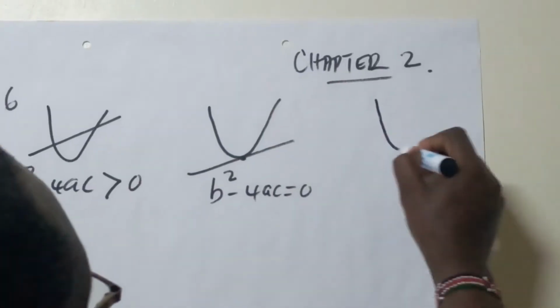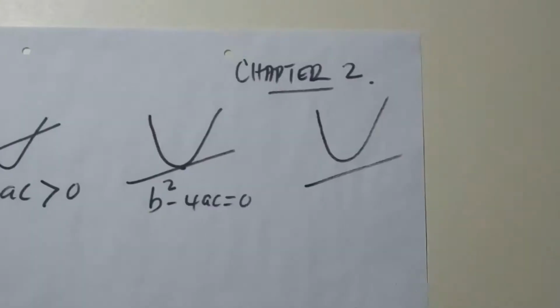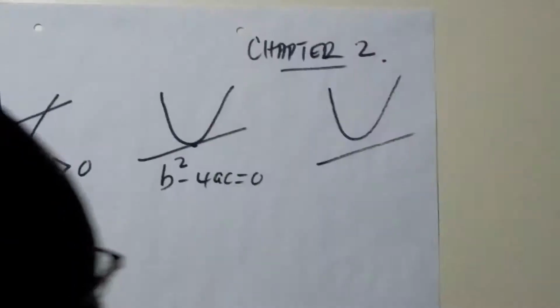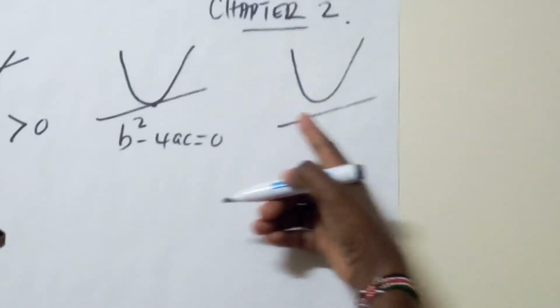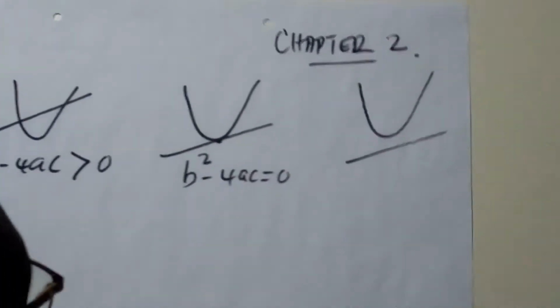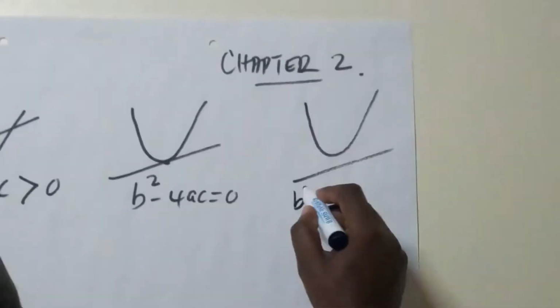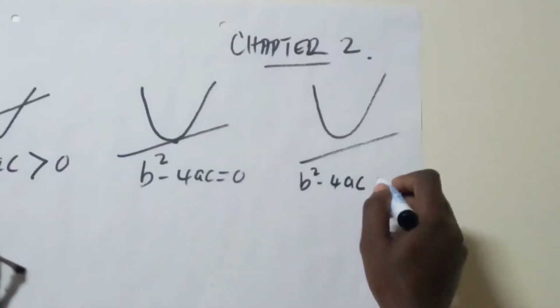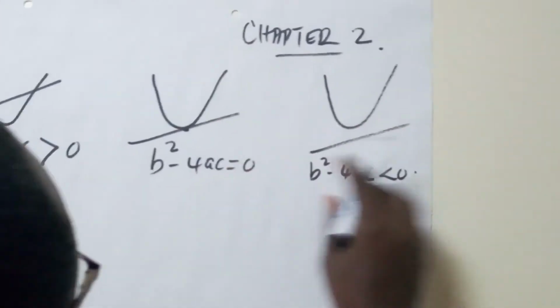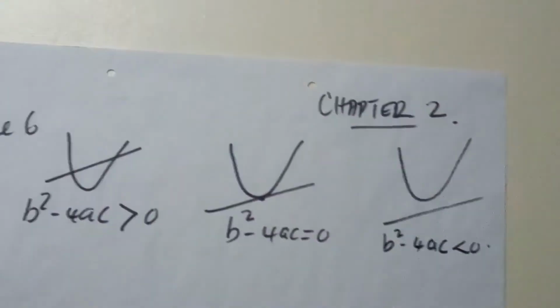And you're likely to have a case of such a representation whereby the quadratic graph does not even touch the linear graph. This is a case where the discriminant is less than 0. You are expected to have no real roots in such a scenario.